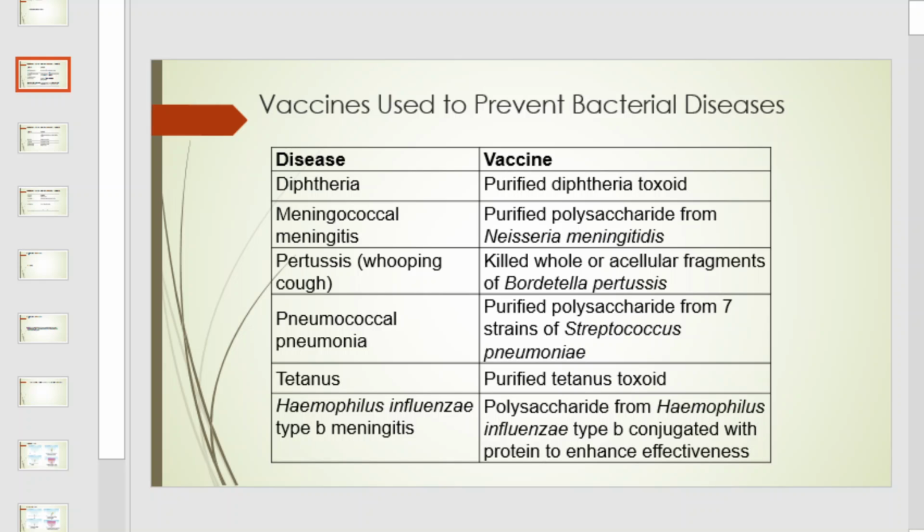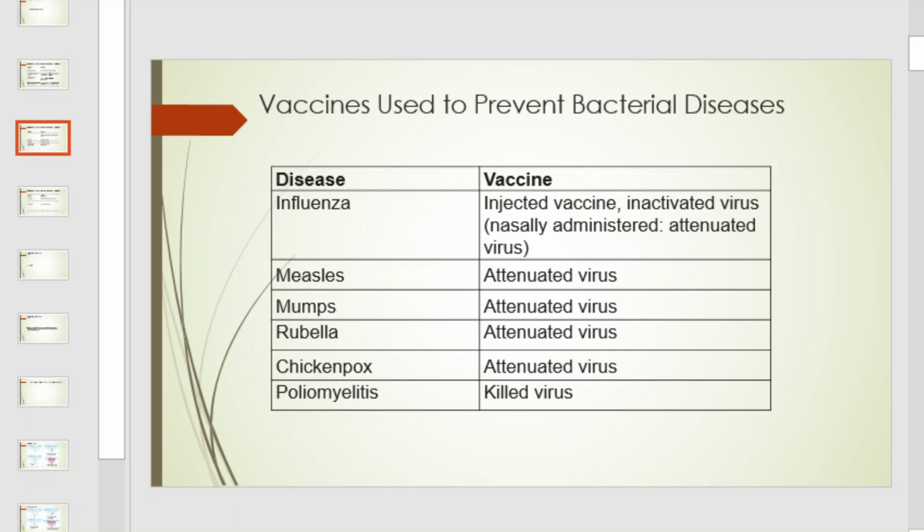The pneumococcal pneumonia vaccine is produced using purified polysaccharides from 7 strains of Streptococcus pneumoniae. Purified tetanus toxoid is used to vaccinate against tetanus, and polysaccharides from Haemophilus influenzae type B, conjugated with protein to enhance their effectiveness, is used to vaccinate against Haemophilus influenzae.